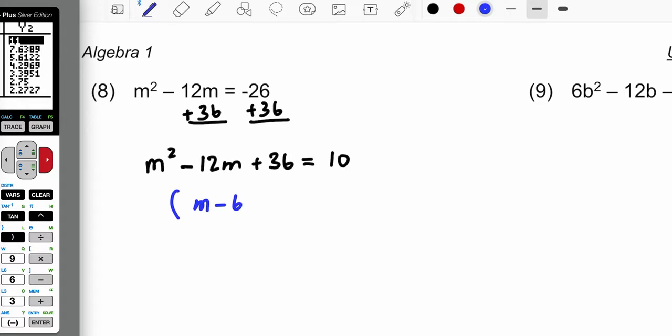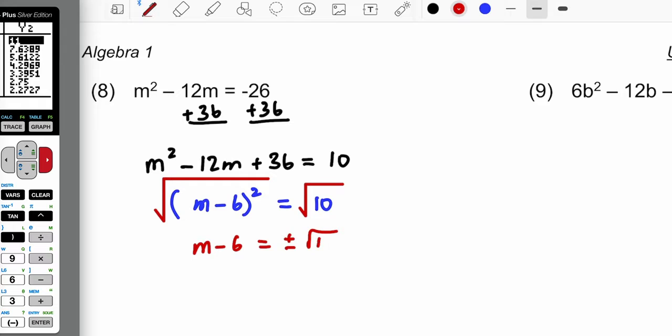M minus 6 squared is equal to 10. Square root both sides. You get m minus 6 is equal to plus or minus rad 10. Add 6 to both sides and you get your answer, because rad 10 is not something that can be simplified. So the process goes quicker and quicker the more you can do behind the scenes.